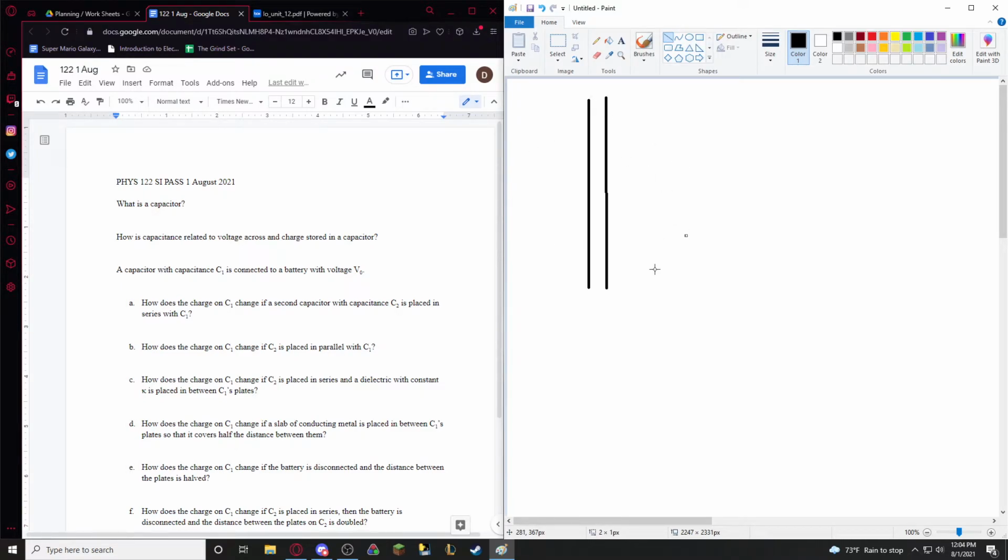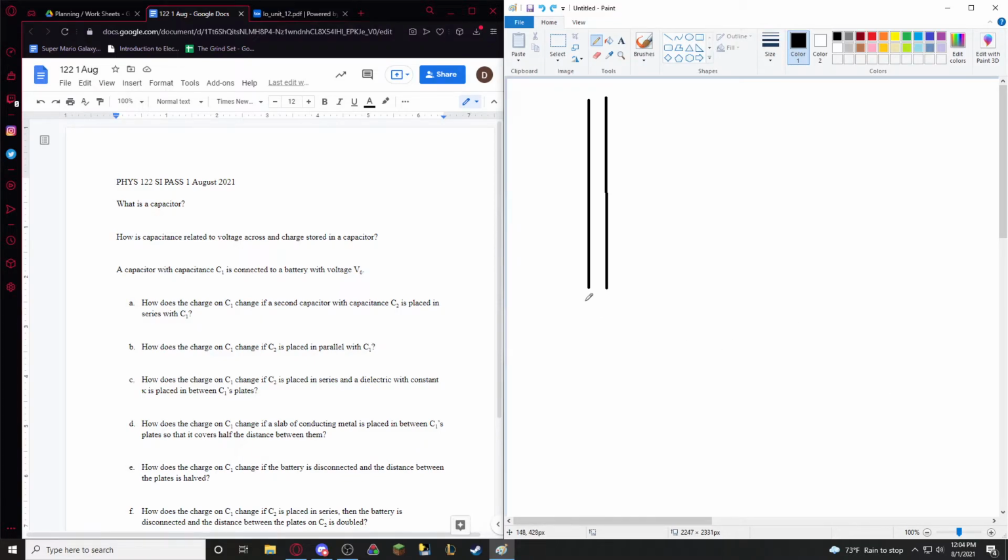So we have these two parallel plates, and you mentioned how they store charge. The charge is stored in the plates. Do both plates have the same charge on either side? Yes, just one's positive, the other one is negative. Exactly.